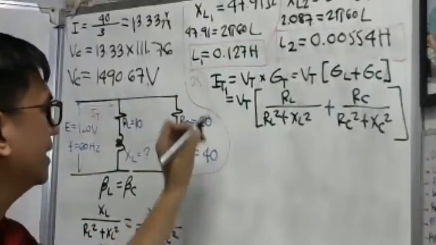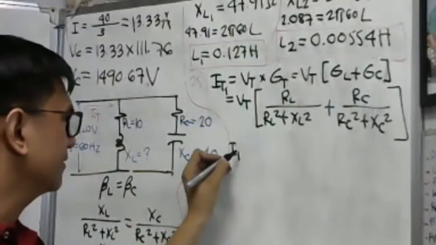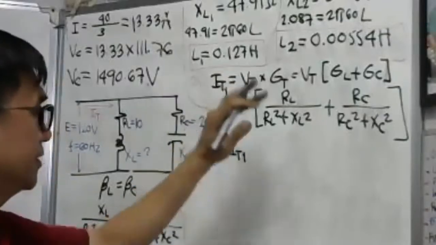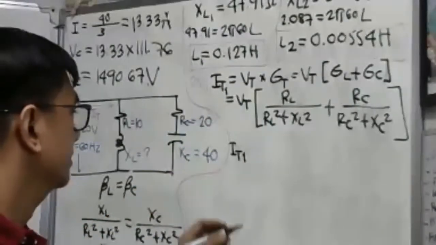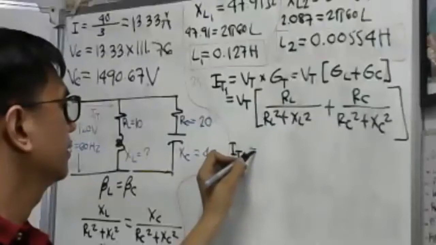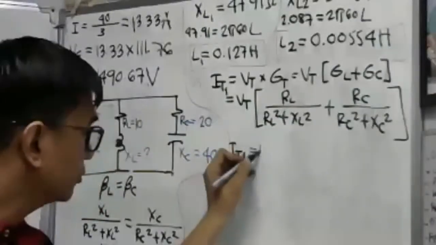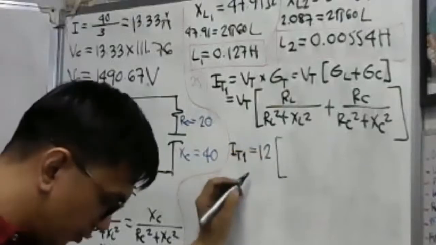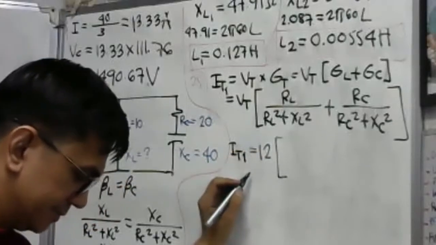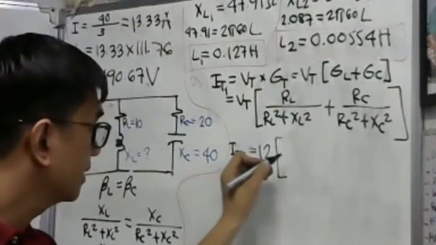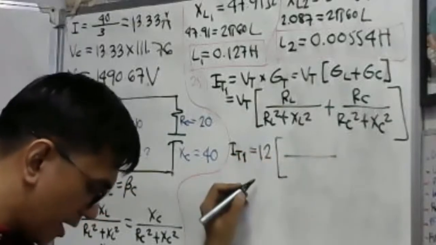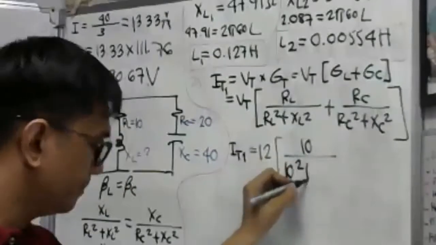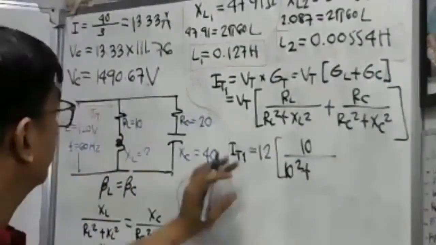Okay, let's have first the I total 1. That is just the first line current because there are two values for the inductance, right? And X sub L. So, we have 120, no? Okay. So, we have here our RL, that is 10 over 10 squared plus X sub L. Diba X sub L natin?